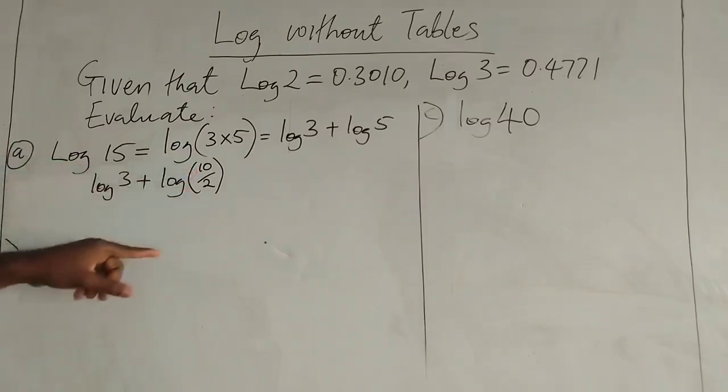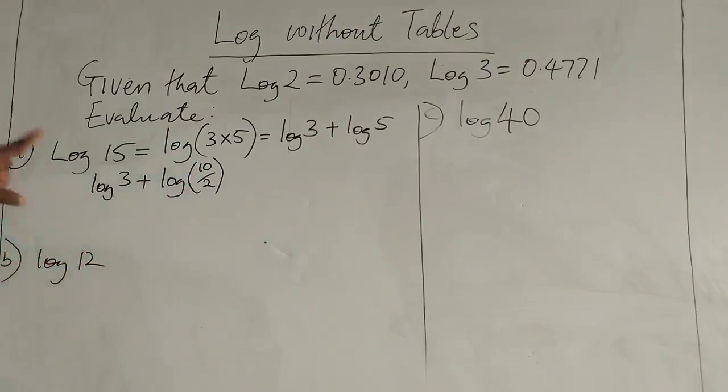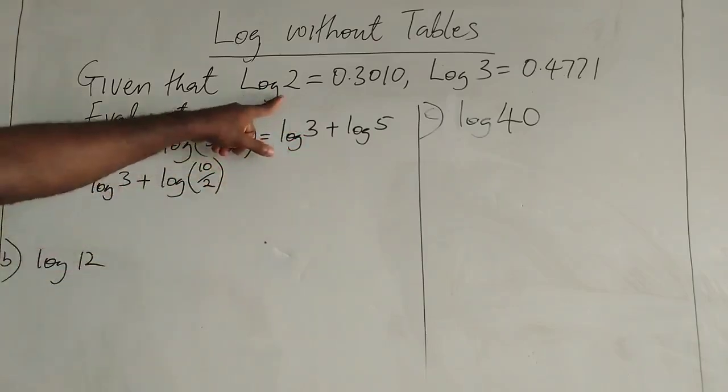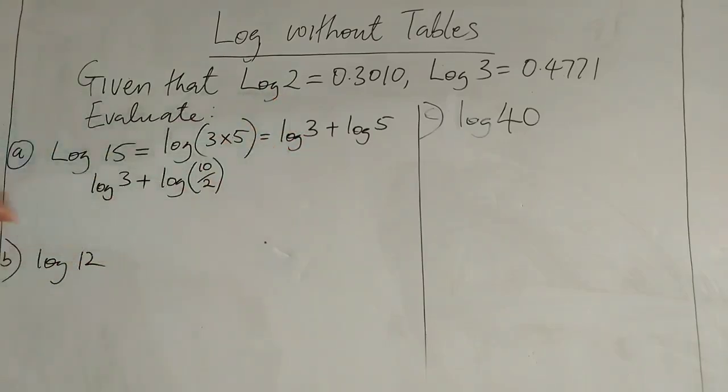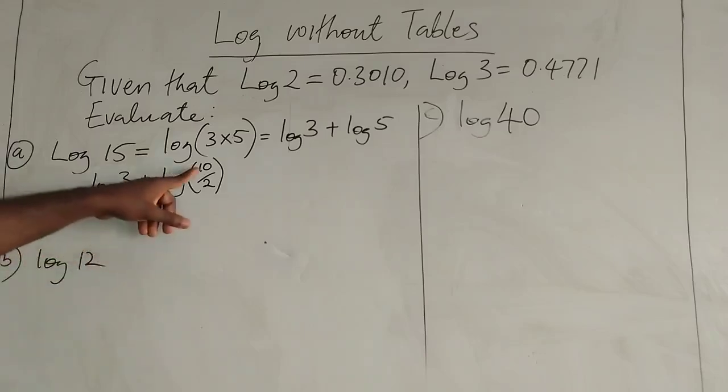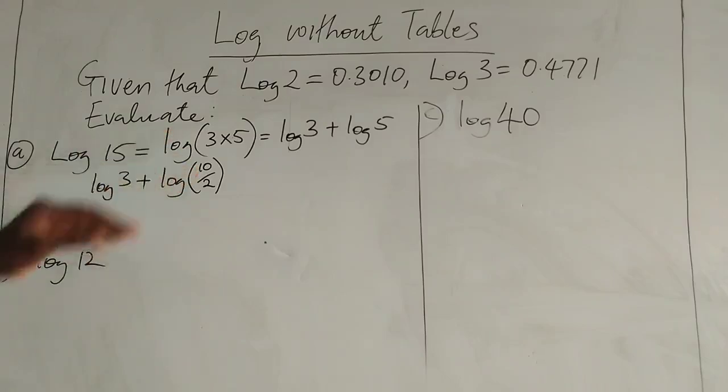I chose 10 because the base of each of these logs is 10. I have stated earlier that any log without a visible base is assumed to be in base 10. So choosing 10 will not be a problem.